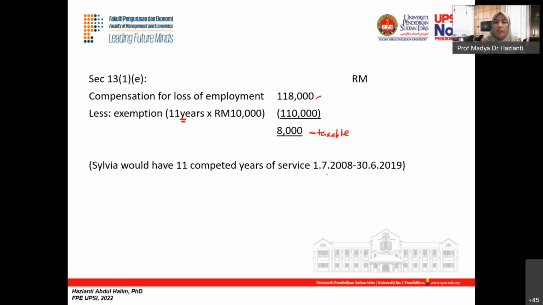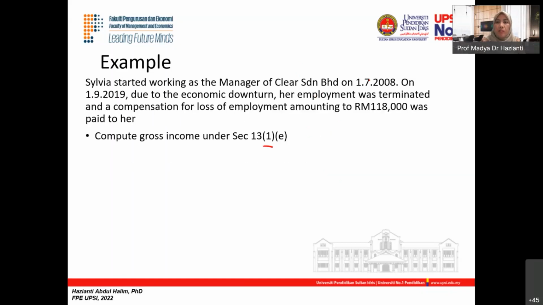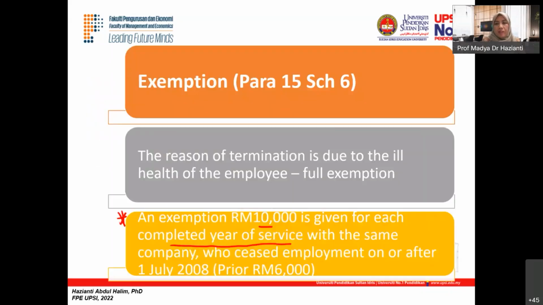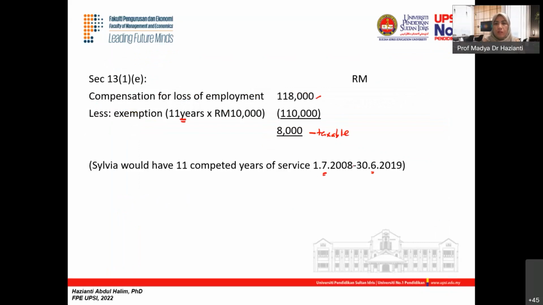Boleh faham tak? You have to look at the date. Kita nak completed years. Tak sampai 12 tahun lah sebab kita kira sampai Jun 2019 dapat 11 years walaupun dia kena buang kerja in September. Sebab kita nak cukup 1 tahun completed year. So here July until June je lah. June 2019, which is equivalent to 11 years.